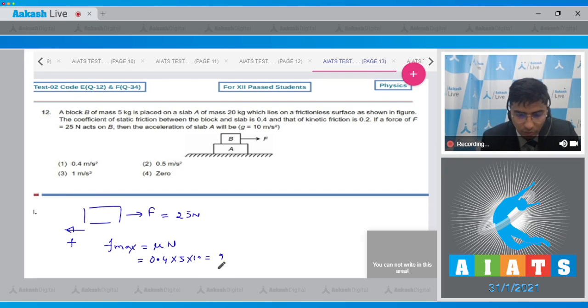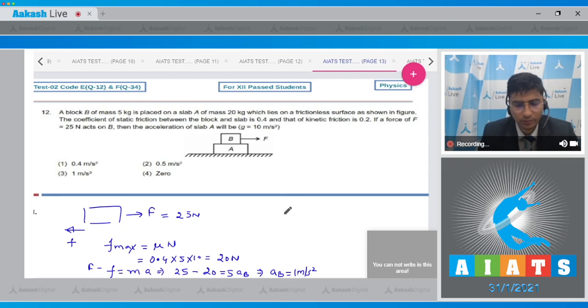So this will be equal to 20 Newton. Dear student, the acceleration for the maximum value of frictional force can be calculated by writing that F minus small f is equal to ma, that is 25 minus 20 is equal to 5 aB, giving aB to be equal to 1 meter per second square.